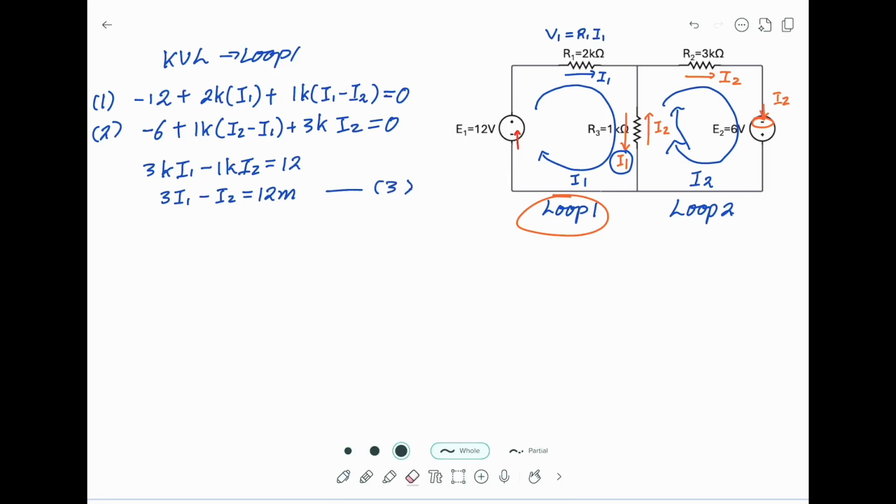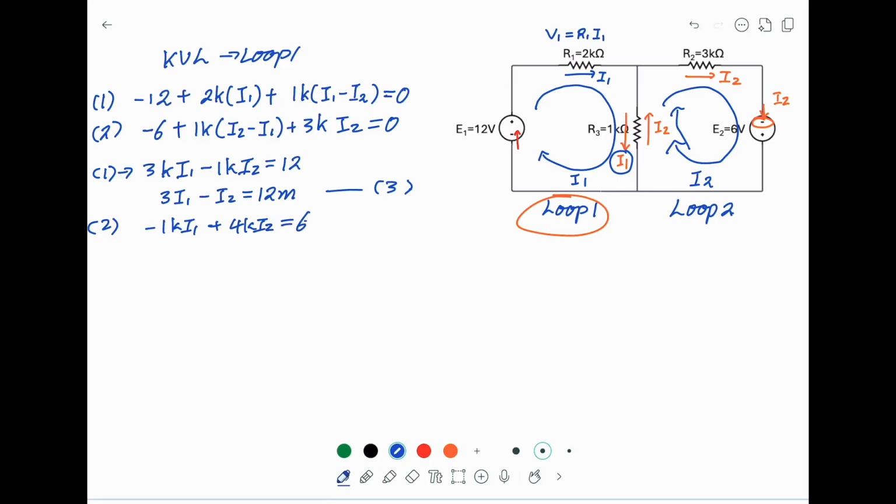I do the same thing for equation 2, and you will get minus 1k I1 plus 4k I2 equal to 6.